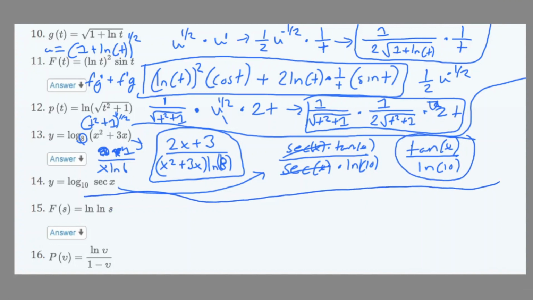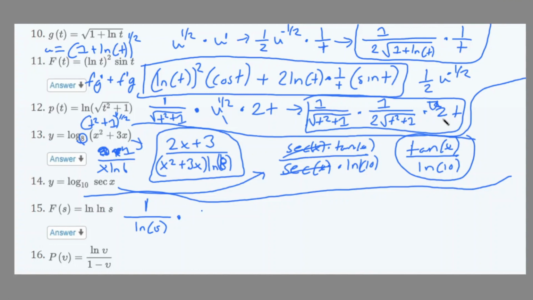Alright, so now for number 15, we have the function f of s equals ln of ln s. So for this, we're actually going to have to use the ln rule twice. So it's kind of like your same rule twice, over and over again. So by the ln rule, we'll have 1 over ln s multiplied by the derivative of the inside.